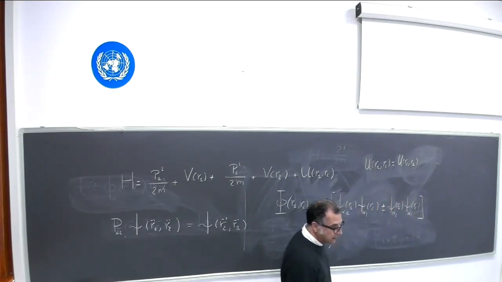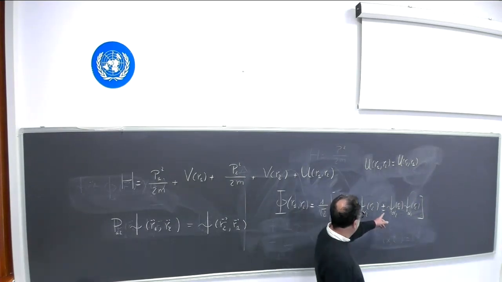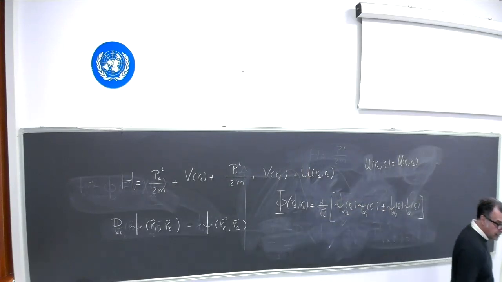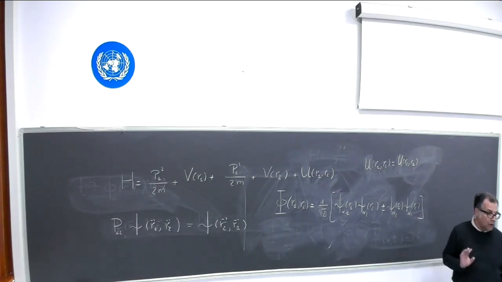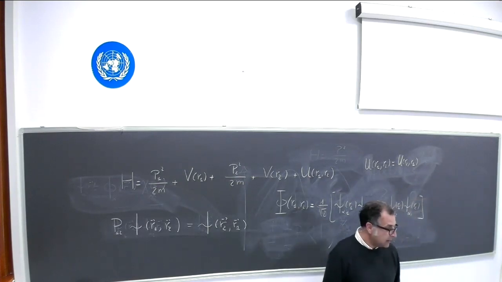This is what you said, right? So if you take this combination, both the positive and negative sign will give you a correct symmetrization or antisymmetrization.